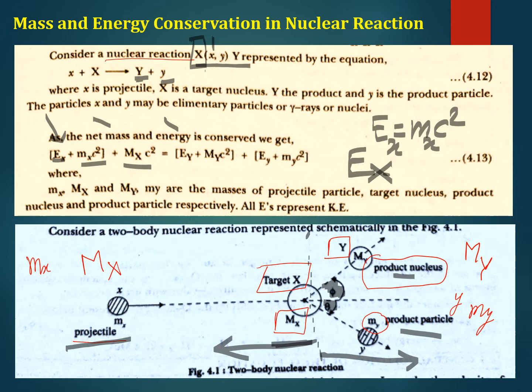Both are in motion, therefore they have kinetic energy Ey. The mass energy relation is My c square for the product nucleus, and for the product particle we can consider Ey plus small my c square. These are the equations where small mx, capital Mx, capital My and small my are the masses of the projectile particle, target nucleus, product nucleus and product particle.